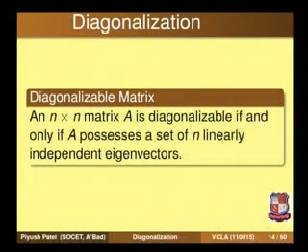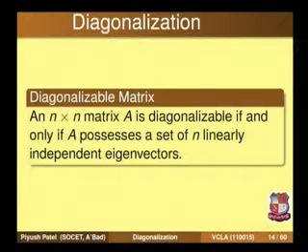Diagonalization of a matrix: the first result says that, as we have seen, if we have a total of n linearly independent eigenvectors of the matrix, then that matrix is diagonalizable. This is the crucial result for diagonalization, that is, a matrix A is diagonalizable if and only if it has a set of n linearly independent eigenvectors.